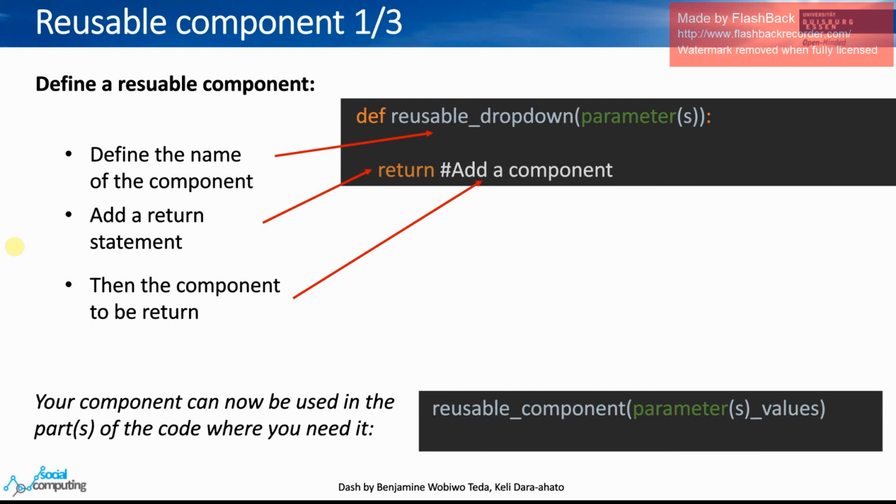To do so, you just have to define the name of the reusable component, and when needed, the parameters it needs, add a return statement, and finally the value of it. Then you can use it as often as you need in your layout with different parameters or not, without having to write the same code over and over again.